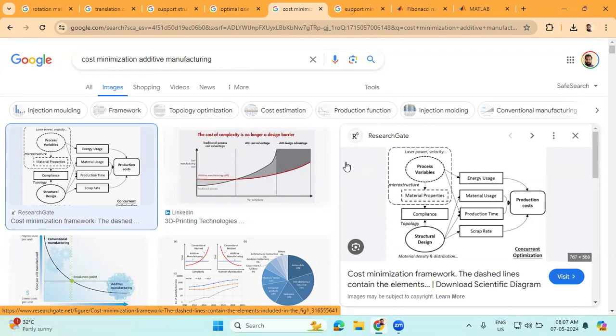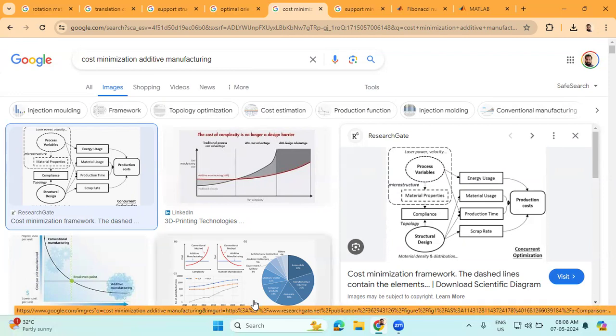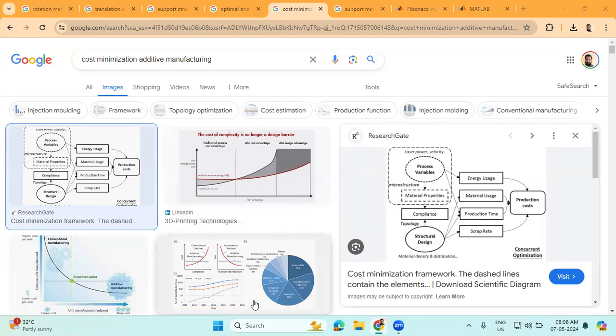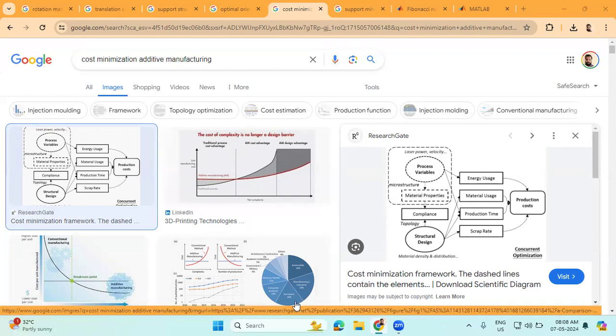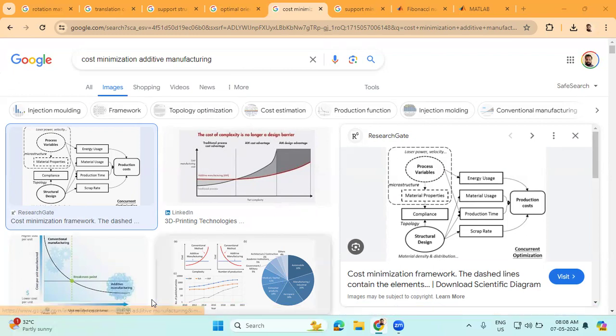So what about the material cost of this main material and support material?